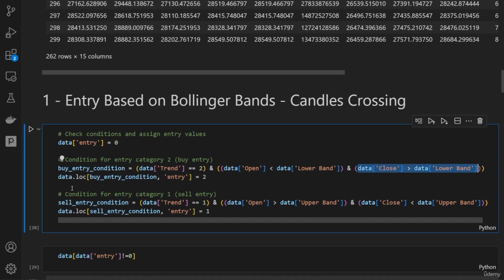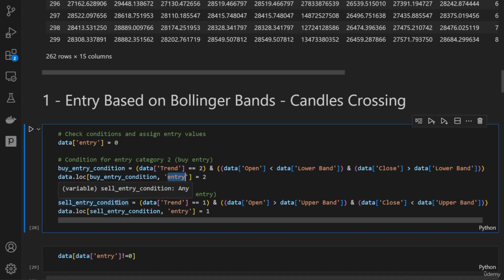In this case, we're going to locate the buy entry condition in the column entry, and it's going to be equal to 2. The buy entry condition is going to be false or true, checking for which rows these conditions are validated. And it's going to put 2 for all of these rows in the entry column. Same thing, it's a symmetrical problem.